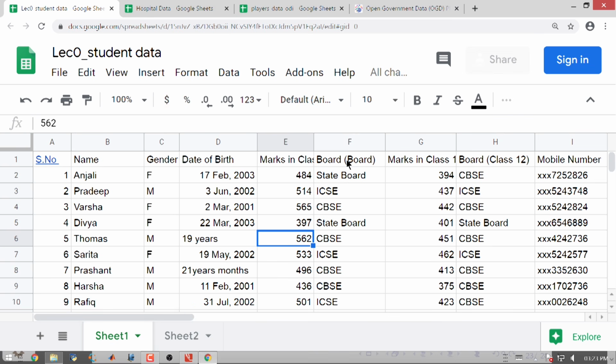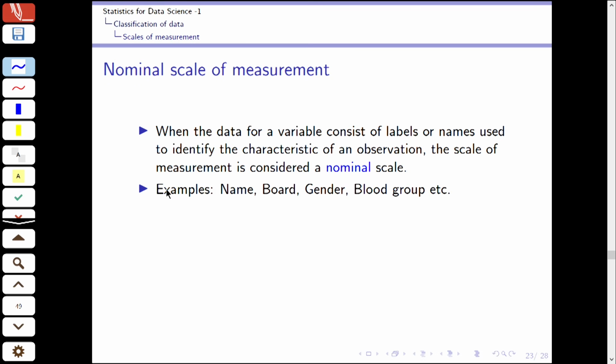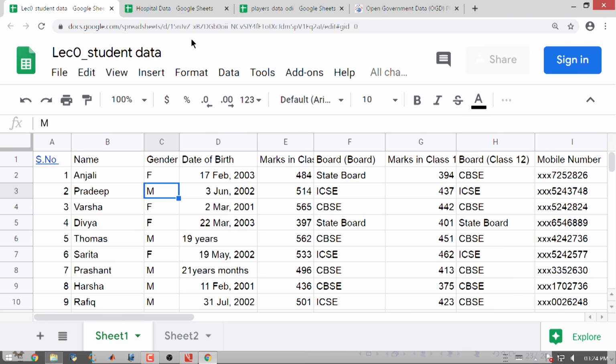Board is again labels in some sense. I have a state board, I have an ICSE, I have a CBSE. Whereas gender again is a label, I am labeling this category with female and male.